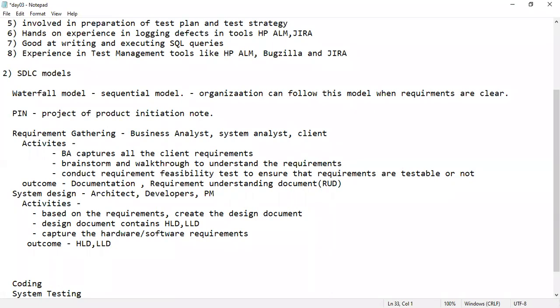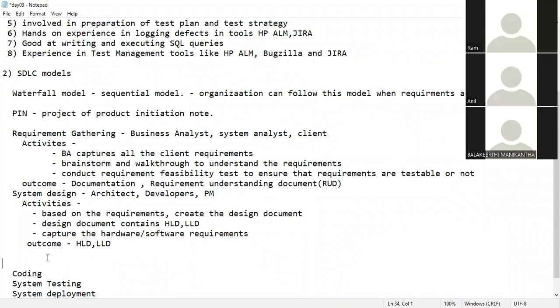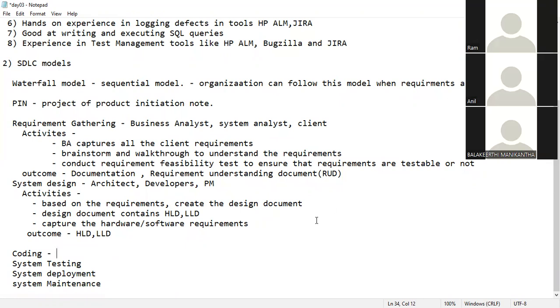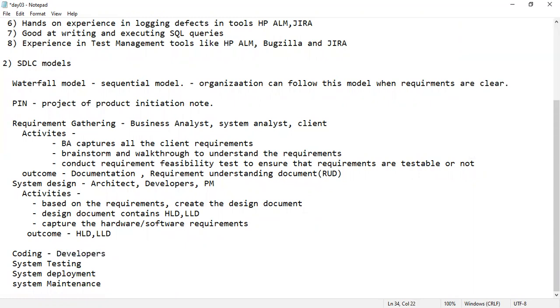Okay, next phase is coding. Who will be involved in coding? Any idea? Developers. Exactly. Always developers, sometimes the development project manager. So what are the activities under this coding phase?